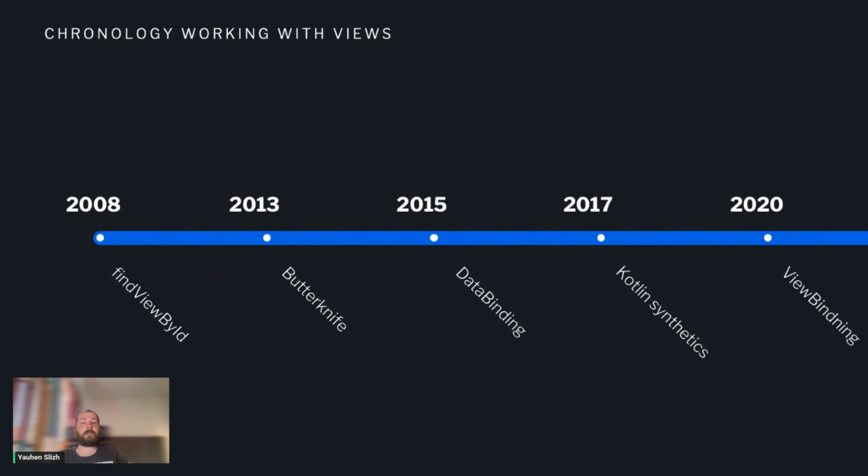On this timeline, you can see how the approach to working with View changed over time. Some projects still use the old solutions, but they should migrate to a new approach. But after some years, this new solution may possibly be deprecated too.